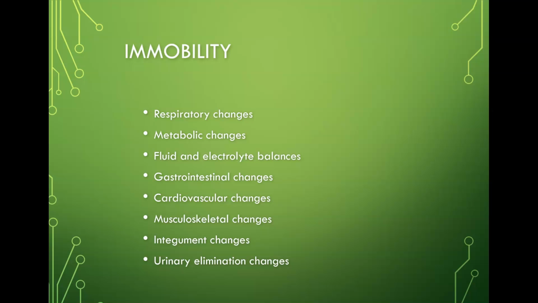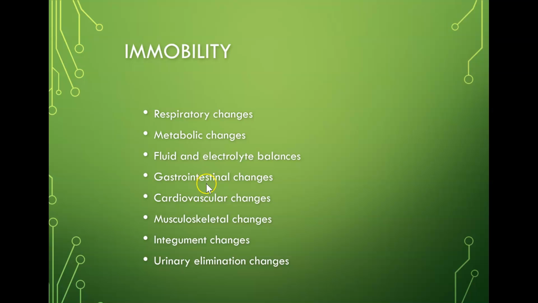A person can have what they call hypostatic pneumonia, which leads to inflammation of the lungs and secretions. They can have metabolic changes, like their BMR can be decreased. They may not metabolize the proteins, carbohydrates and fats that they need to break down because they aren't moving.